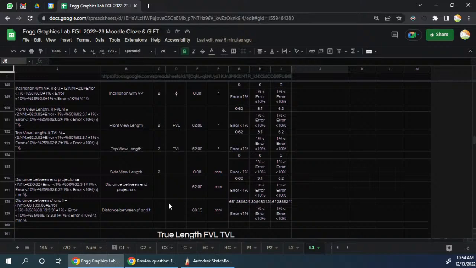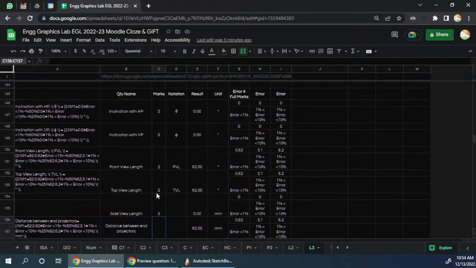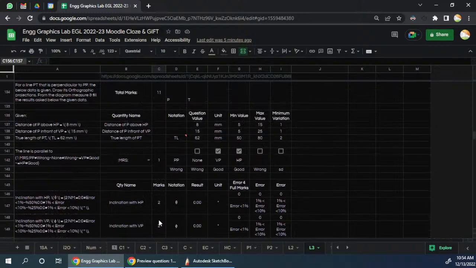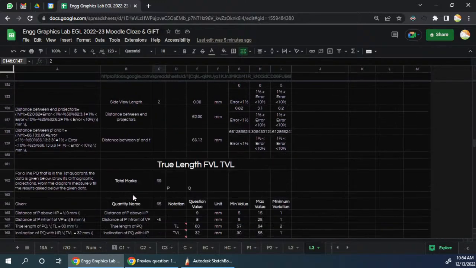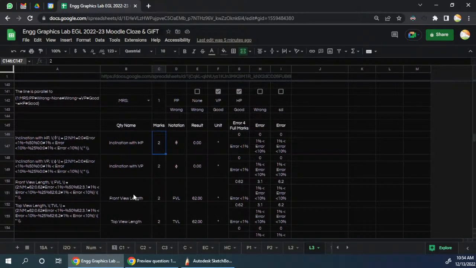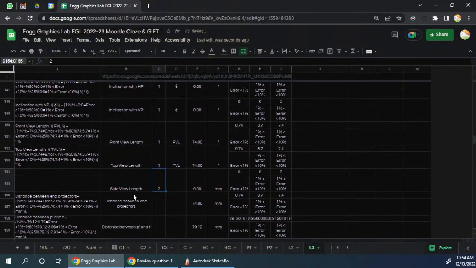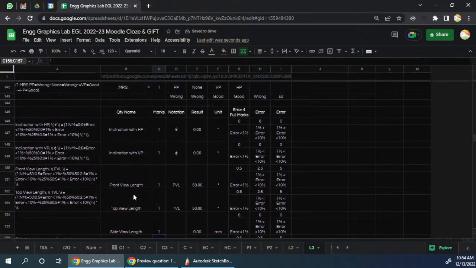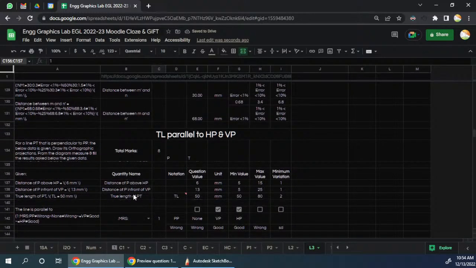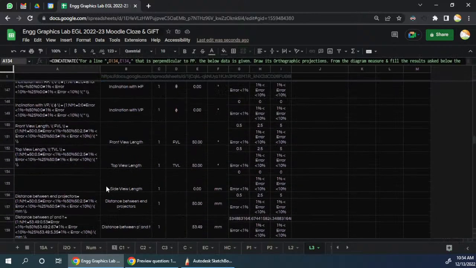Oh, I didn't allot any marks to this. So I guess we'll have to change it. Let's give 1 mark to all these questions. Be fair deal, I guess. Parallel to both, so we need to modify the question.